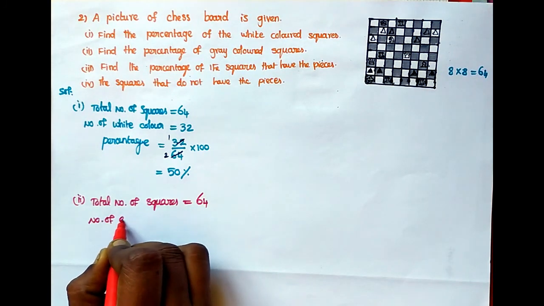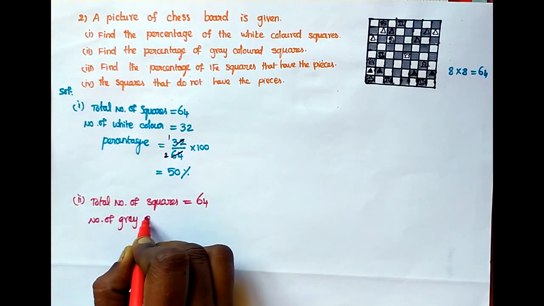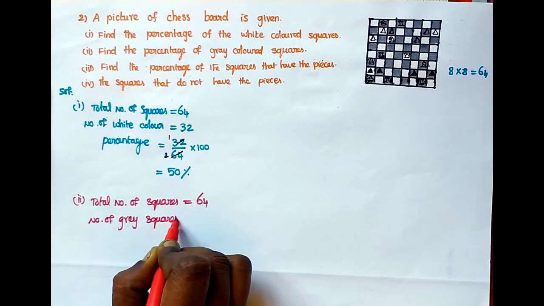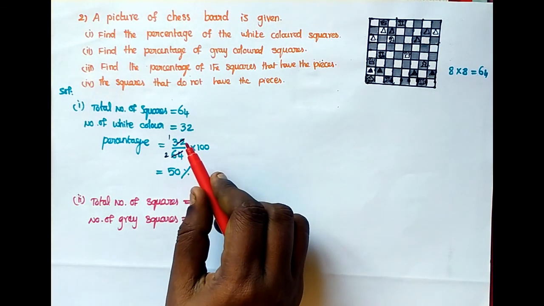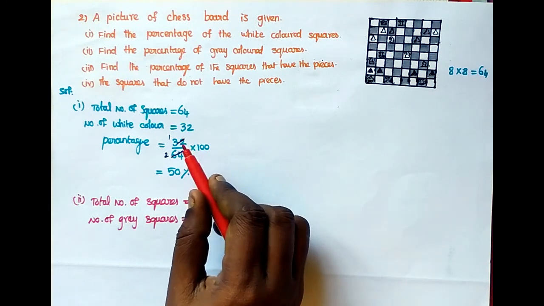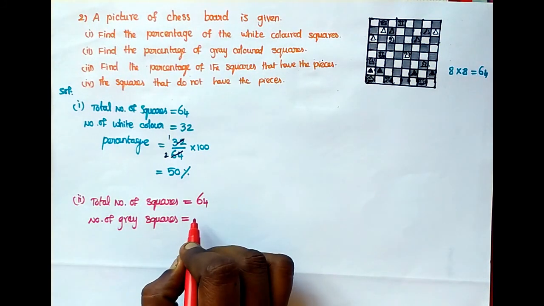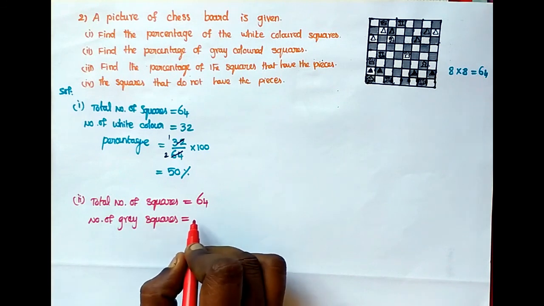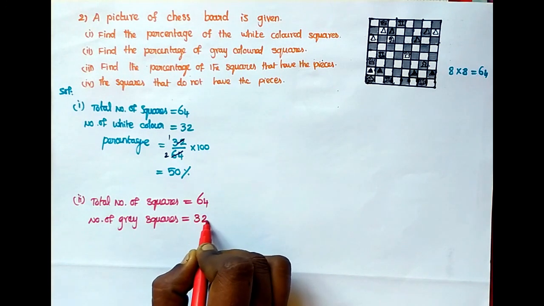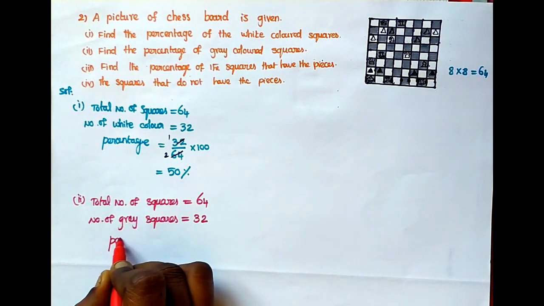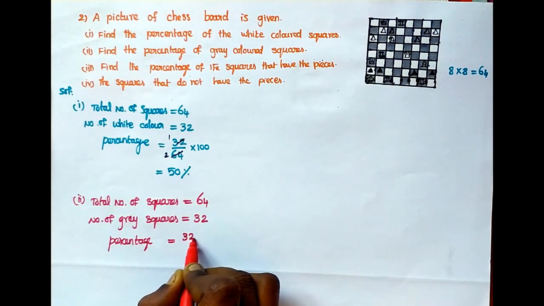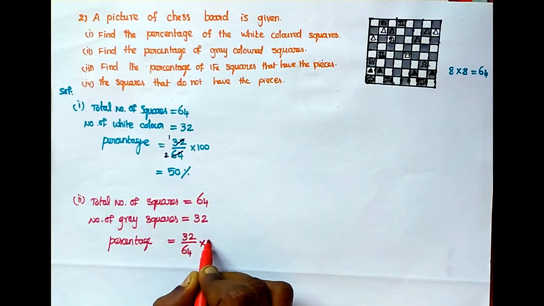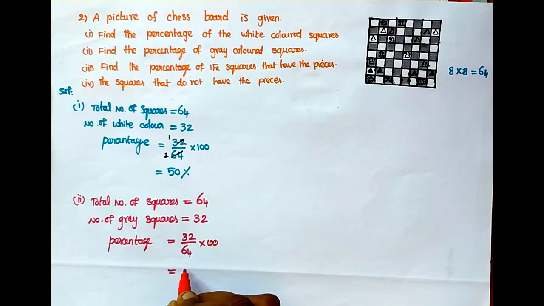Number of grey squares equal to half, which is 32, because white color means the balance half. So now the percentage equals 32 by 64 into 100. So that is also 50%.